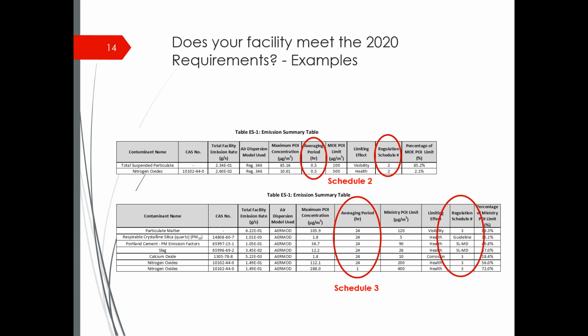But if you look at the example below, which has significantly more contaminants in it, and the averaging period is mostly 24 hours, and the corresponding regulation schedule is Schedule 3, then you have a Schedule 3 ESDM report. If you have a Schedule 3 report, you don't have to do anything at this point unless you need an amendment, but if you're Schedule 2, actions will be required.